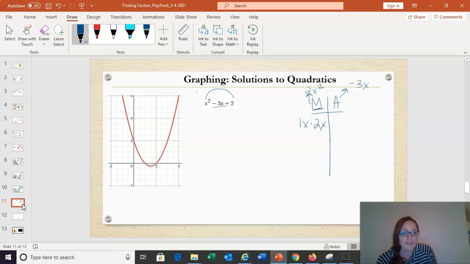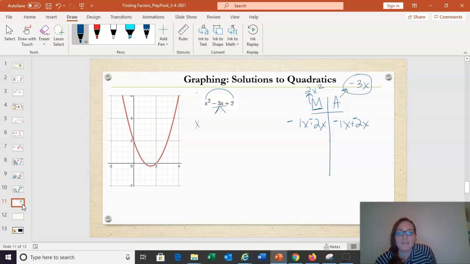Thankfully, 1 plus 2 is 3, but we need a negative. So these actually will need to be negative. It really does help to write these charts out and write what your goals are, so that way you get your signs right too. Negative 1x times negative 2x is a positive 2x squared, and negative plus negative gives us that negative 3.